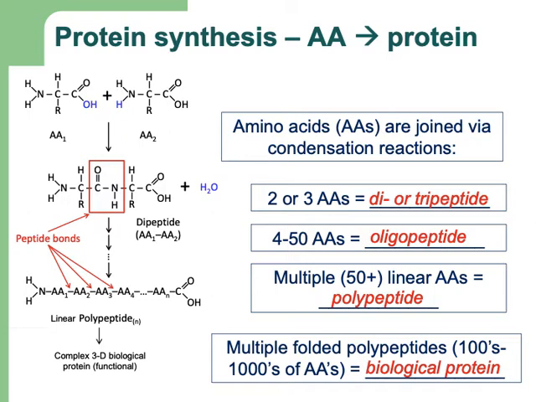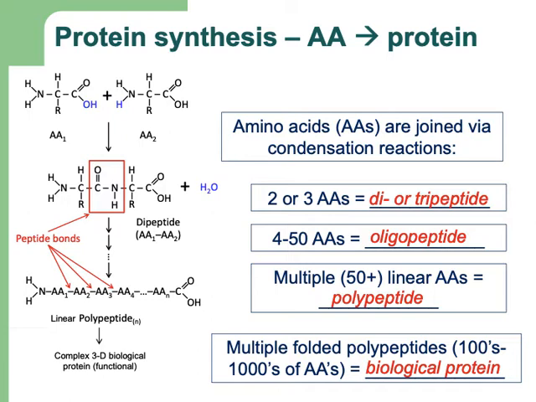This is coined as a dipeptide and a tripeptide. When we have 4 to 50 amino acids strung together in a linear line, this is called an oligopeptide. Multiple, which is 50 plus linear amino acids, in a straight line, linked together through peptide bonds, is called a polypeptide.